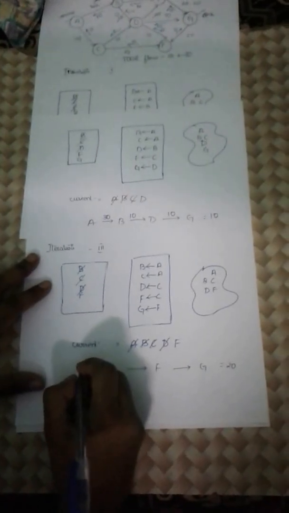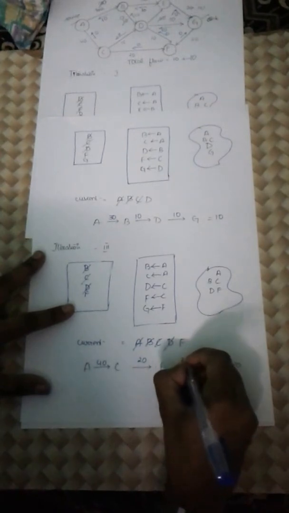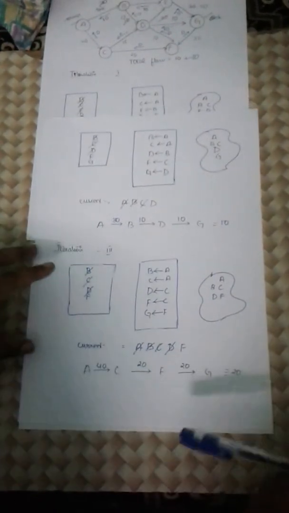So now my path will be like from A to C to F and to G. This becomes 20, and the flow will be like from A to C it is 40, from C to F it is 20, from F to G it is again 20, the least one will be 20.